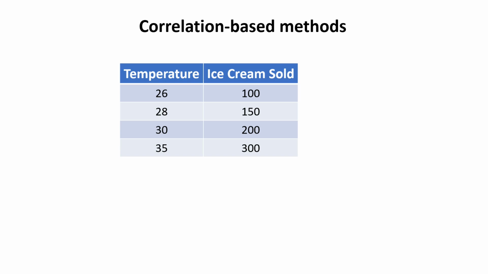But it's not important that all the time both of these two features are moving in the same direction. It can be moving in opposite directions as well. For example, with the increase in temperature, the sales of woolen cloth falls. So here, both of those two features are moving in different directions. However, still both of them have the correlation.